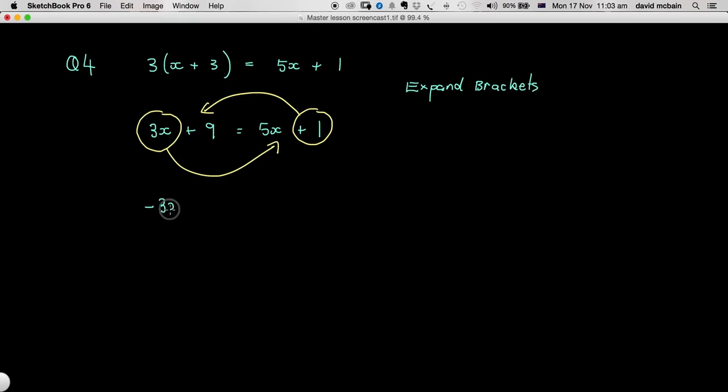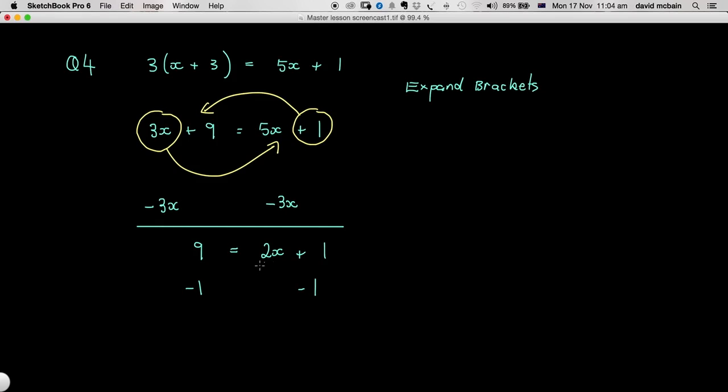So we're going to move our 3x first, so taking away 3x from both sides, and so we're left with 3x minus 3x is nothing, plus 9 equals 5x minus 3x is 2x plus 1. Now we're going to move the 1, and we need to minus 1 from both sides.